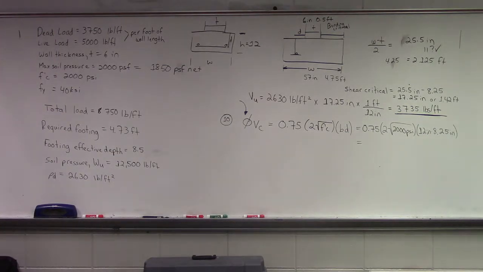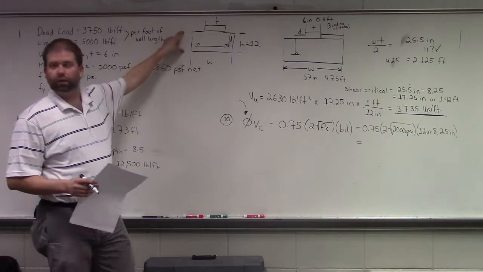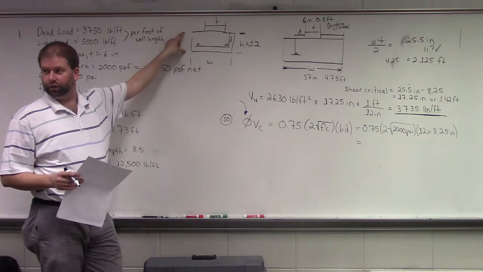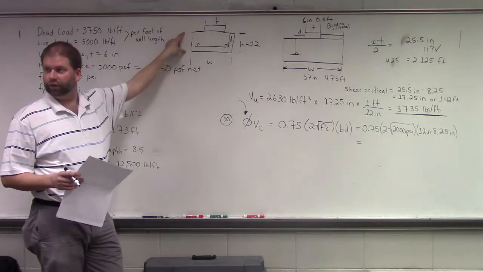Do you have all your steps with your notes that we started on? In step 1, we wrote down that H equals... we're assuming here that we're going to use a height of our footing of 12 inches.